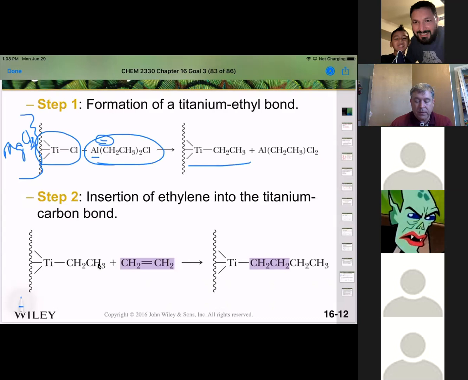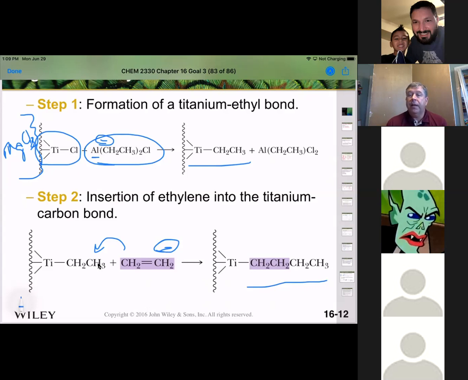And once we've generated that, we can now add to the end, creating an anion, and then it keeps growing and growing and growing. So it's just like the radical reaction, except now we're using anions in the reaction. And so it's an anionic chain growth polymerization.